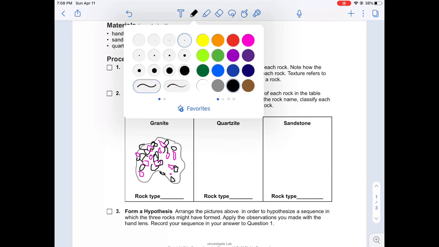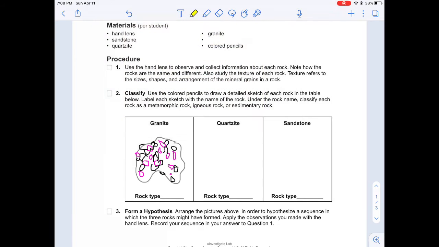And then I also have a clear, yellow colored mineral. So I'm going to use yellow to show that. Alright, so that's basically what my rock looks like.